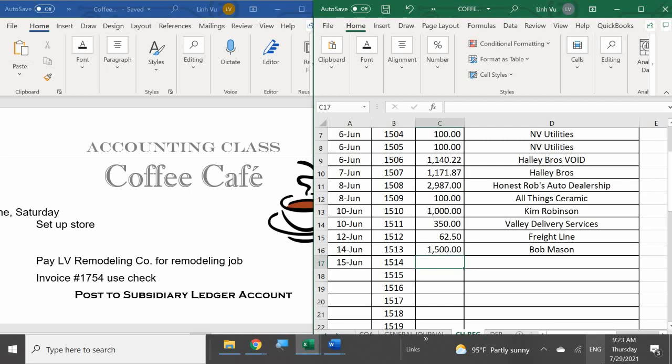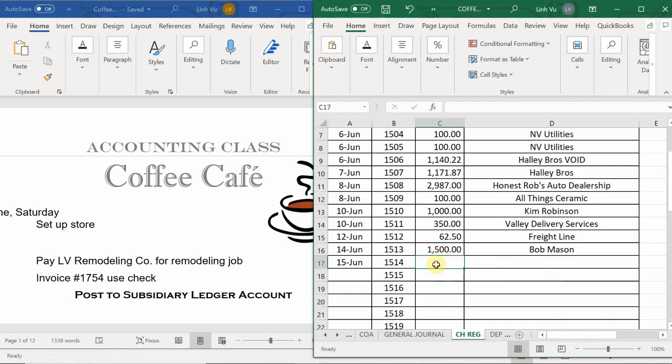How much do I need to write this check out for, and who am I going to be writing this check out to? $1890 to LV Remodeling Company for check number 1514.